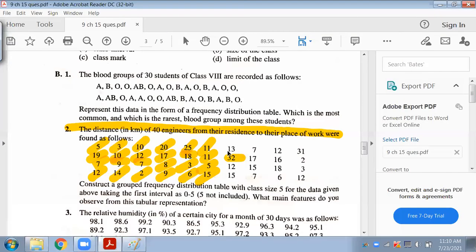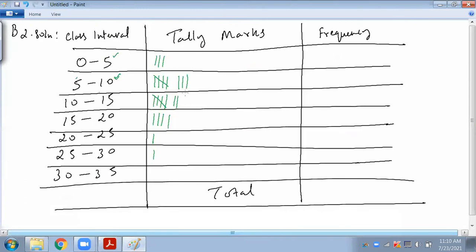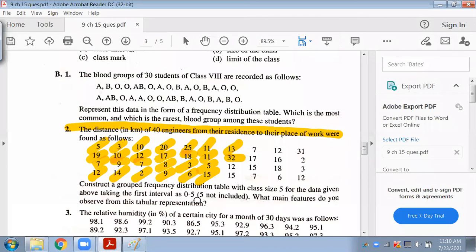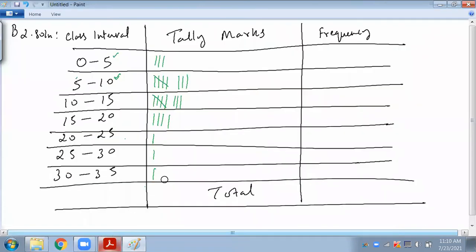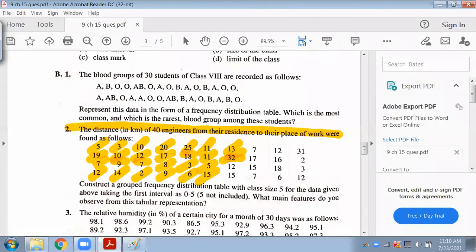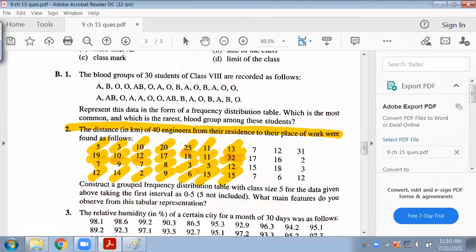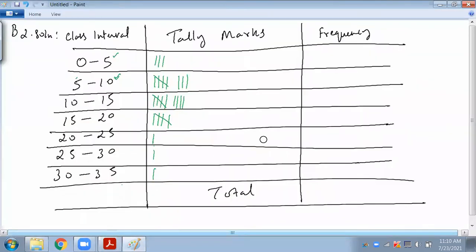Next 13. The next 32. Next 12. Next, cut it and put it. So 15 in the second one. 7.